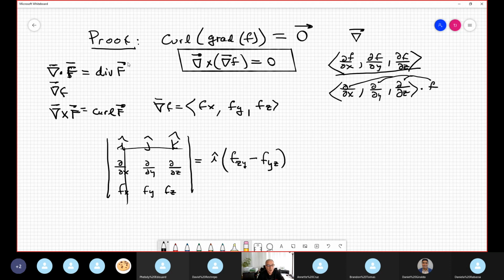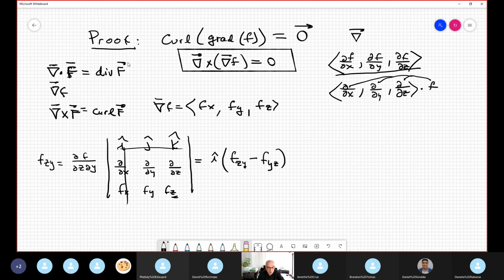Okay. I did the first derivative using the gradient. Now I'm using the curl. I compute the second derivative. That is the reason that we have different letters. And remember, f, for example, z y is equivalent to, say, partial derivative f with the z first and y secondly. This I did before. Look here.